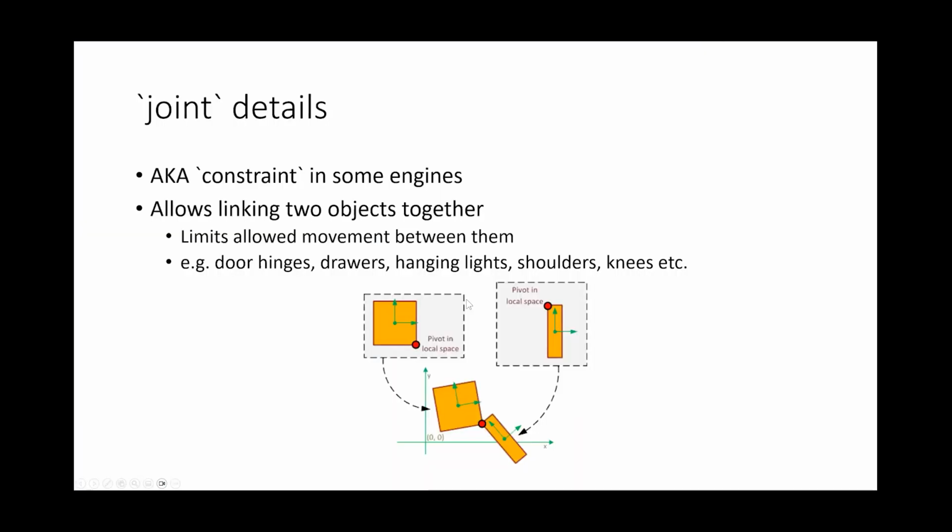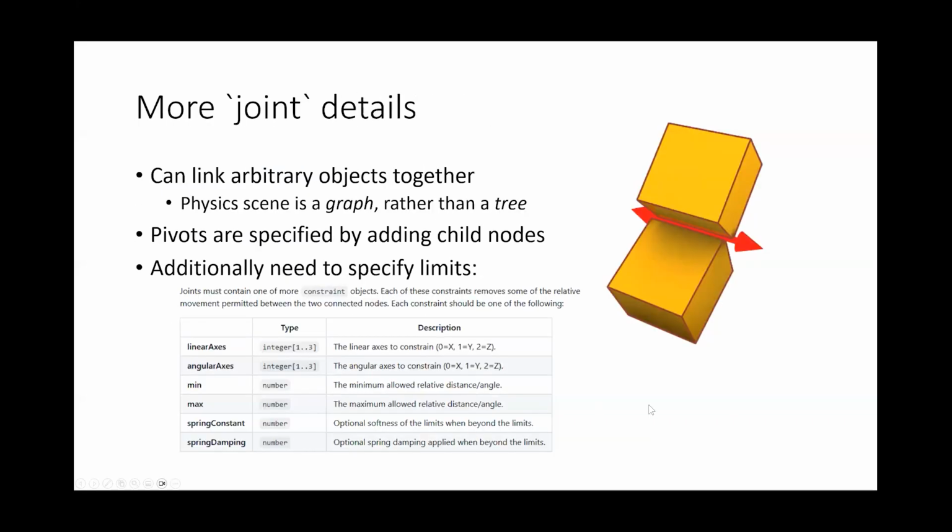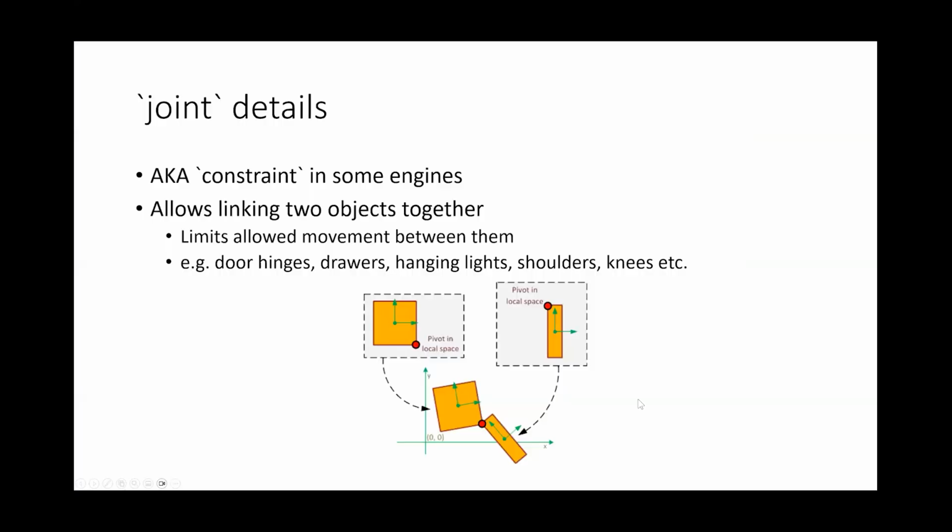So let me, I'm sorry I didn't include an image of the actual file. When you specify a joint, what you want to do is specify the pivots in each object.